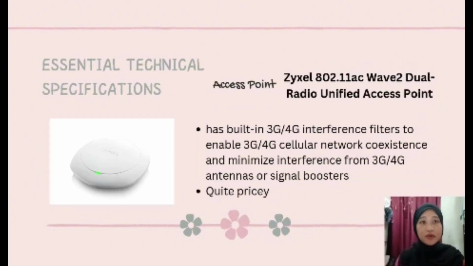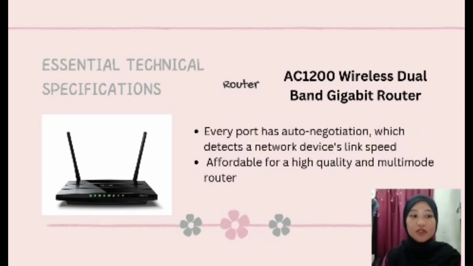Next, for the access point, we chose this access point because it has a built-in 3G/4G interference filter to enable 3G/4G cellular network coexistence and minimize interference from 3G/4G antennas or signal boosters. It is quite pricey. Next, for the router, we chose this because every port has auto negotiation, which detects a network device's link speed.